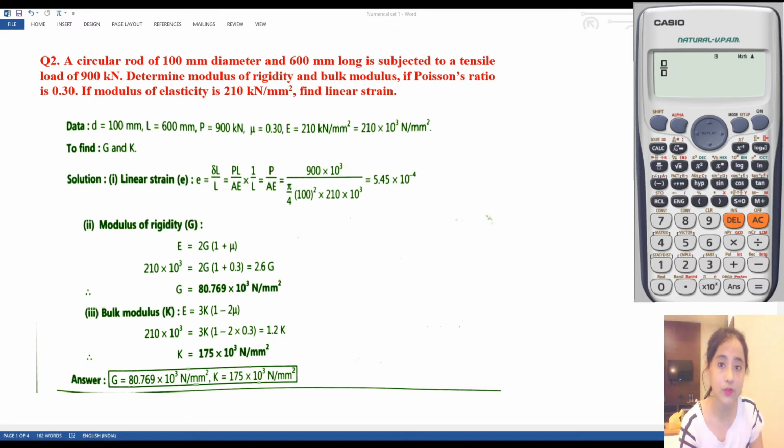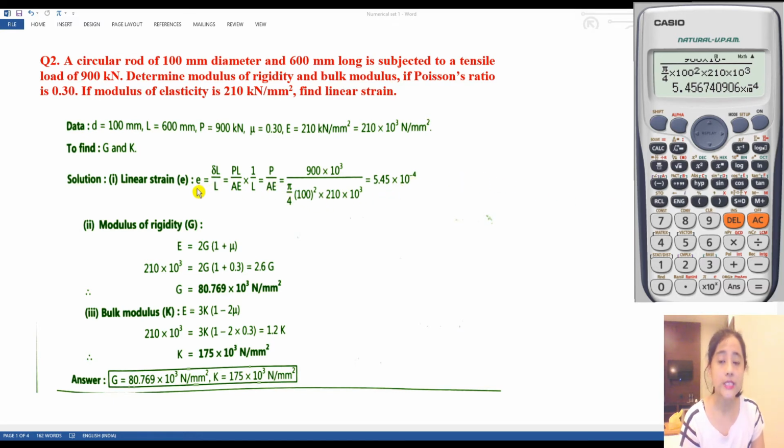So let us solve. 900 into 10 raised to power 3 divided by pi by 4 into its diameter square into Young's modulus E. So this is coming equal to 5.45 into 10 raised to power minus 4.